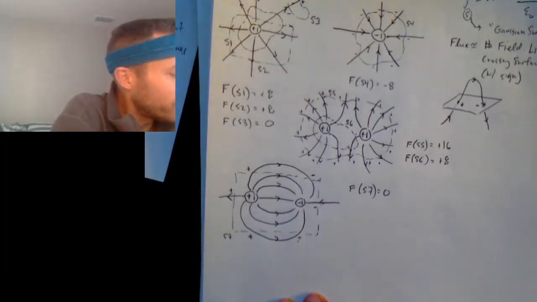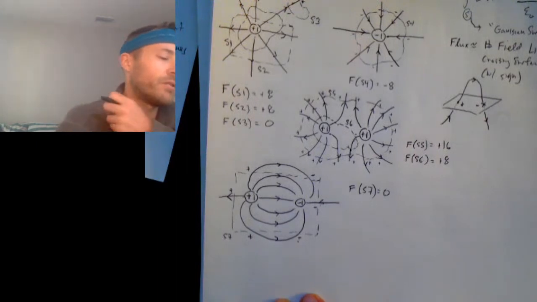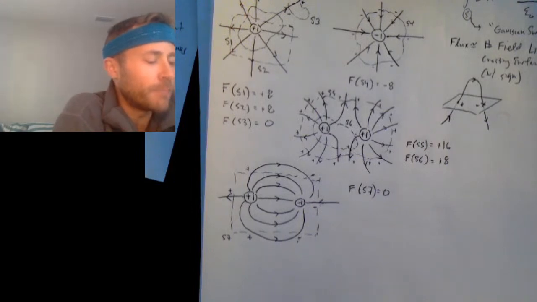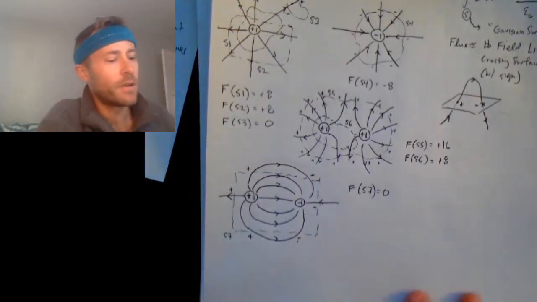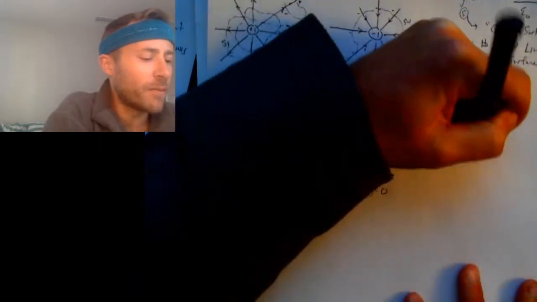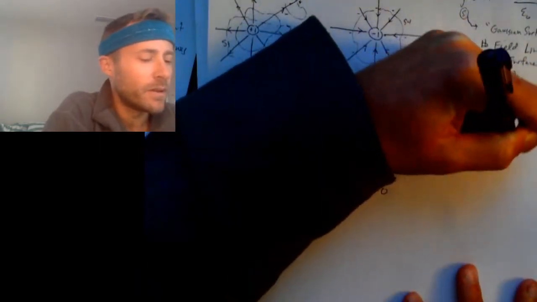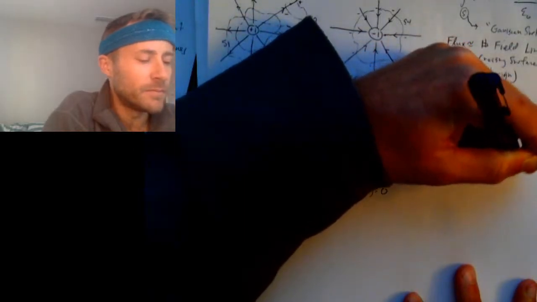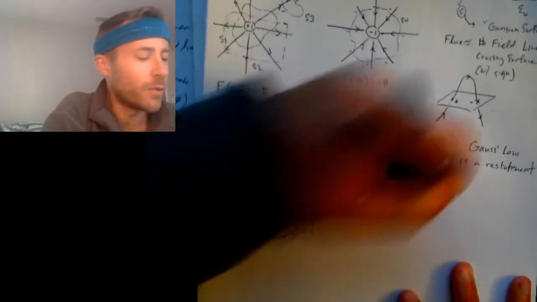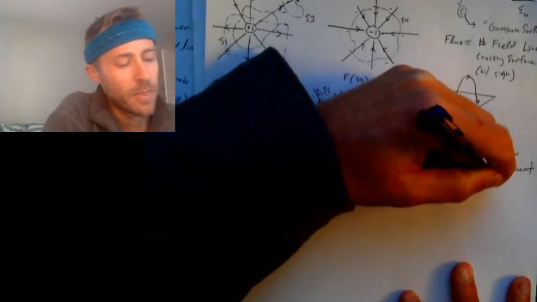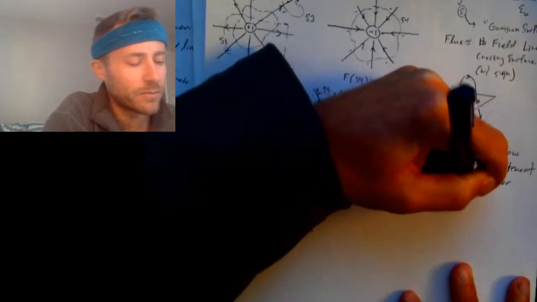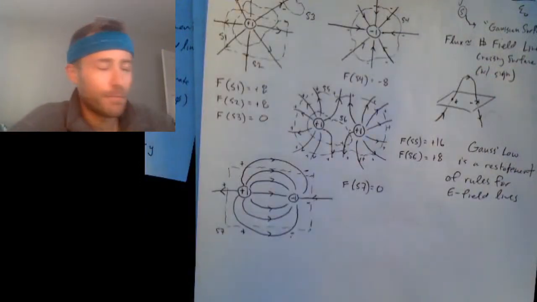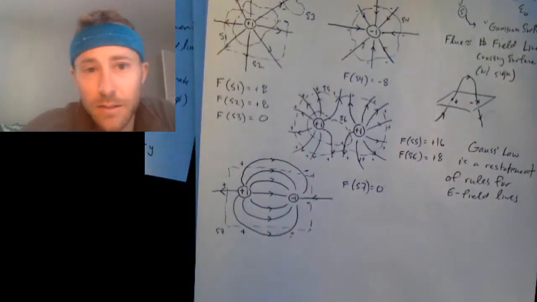So basically what I'm trying to say is that Gauss's law is a restatement of the rules for electric field lines. So that is the intuitive meaning of Gauss's law.